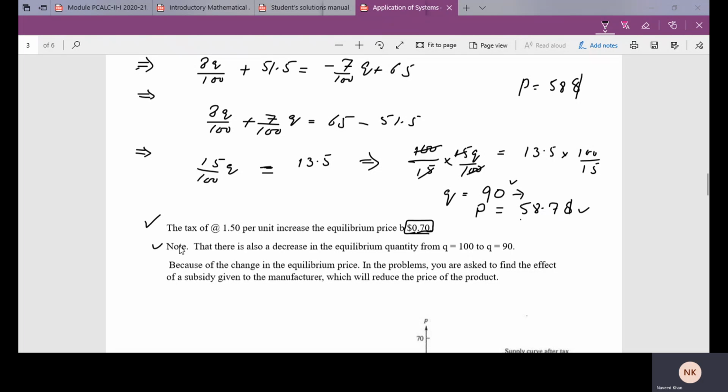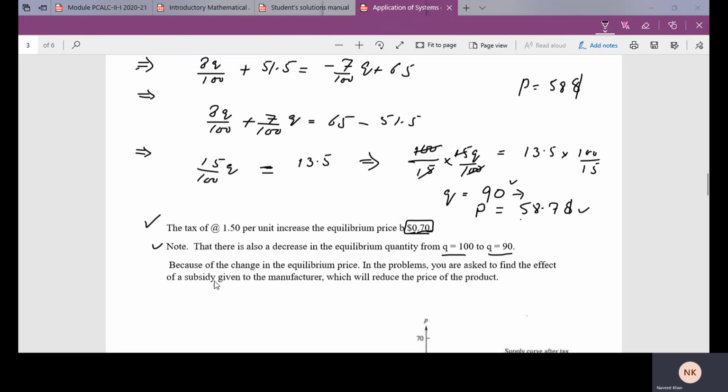Note that there is also a decrease in equilibrium quantity from Q equal to 100 to Q equal to 90. First we had Q equal to 100, but right after imposing the tax of $1.5, definitely the quantity Q will decrease and Q is equal to 90.